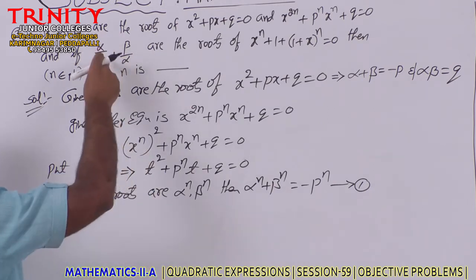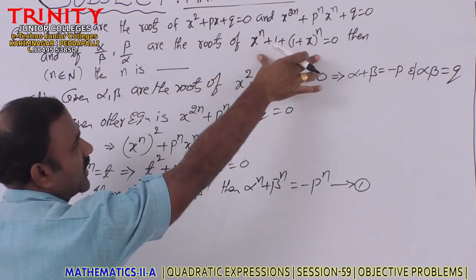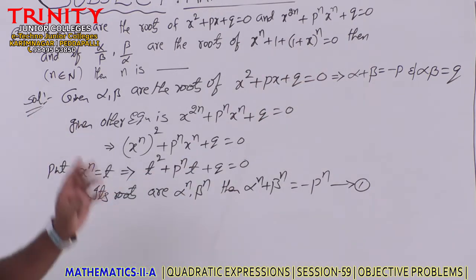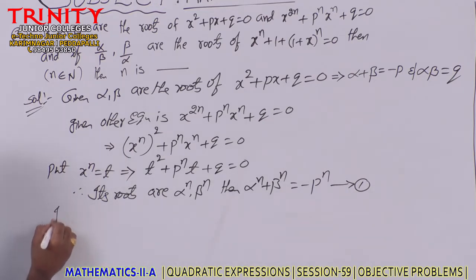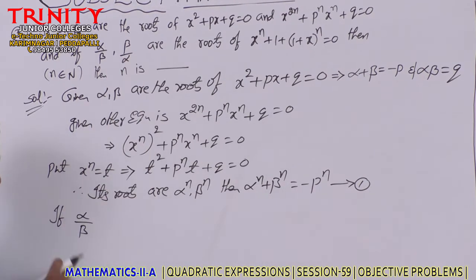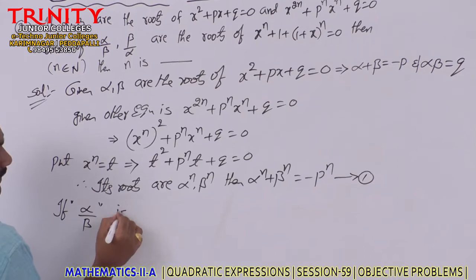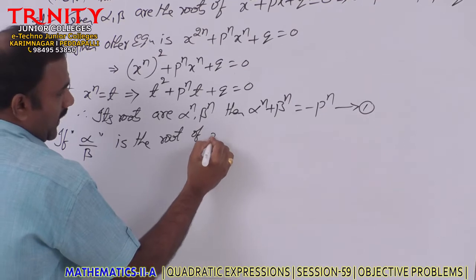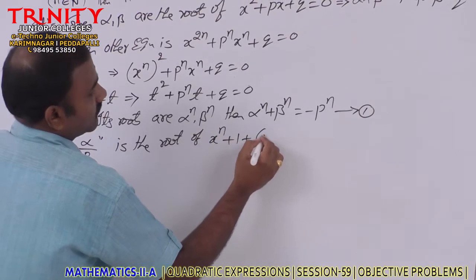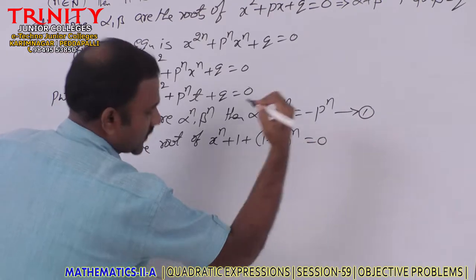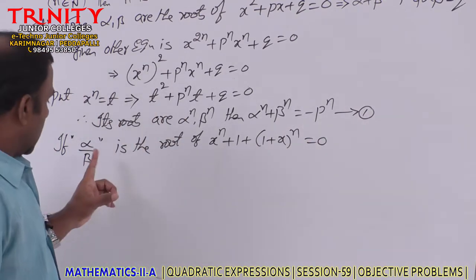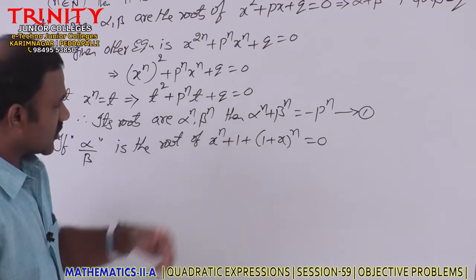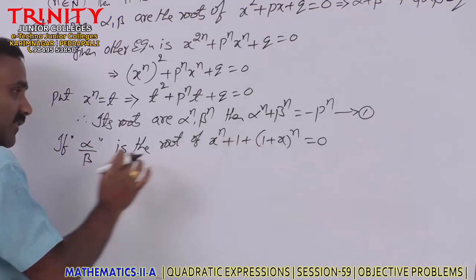Now, if alpha by beta is the root of this equation, then what is n? You may take beta by alpha also, there is no problem. If alpha by beta is the root of x^n + 1 + (1 + x)^n = 0, then alpha by beta will satisfy this equation.